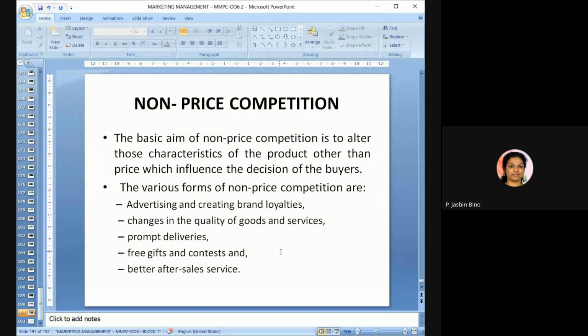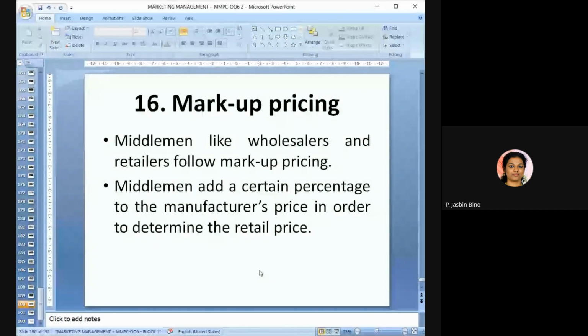These are the various forms of non-price competition, like advertising and creating brand loyalties among the customers. They'll be changing the quality of goods and services. They'll be making prompt delivery. Then they'll be giving free gifts and contests. They'll be giving after sales service to the customers. These are all the techniques they follow. This type of competition is known as non-price competition. So these are the different types of pricing.